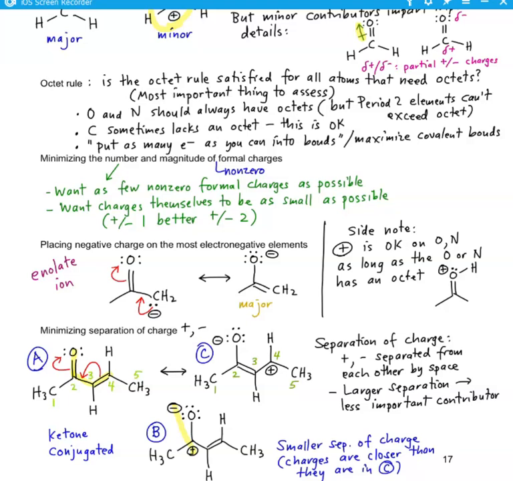Now, we wouldn't have known that unless we had drawn this resonance contributor, because if you look at structure A, carbon-4 is not bonded to something that's more electronegative than it. So it's not that easy to see that it has a partial positive charge associated with it by virtue of the fact that there's an oxygen, doesn't happen to be next door, but it's close enough that it can be pulling electron density towards itself. So this is an example of a case where a minor contributor can give us a little bit of inside information as to how something might react.